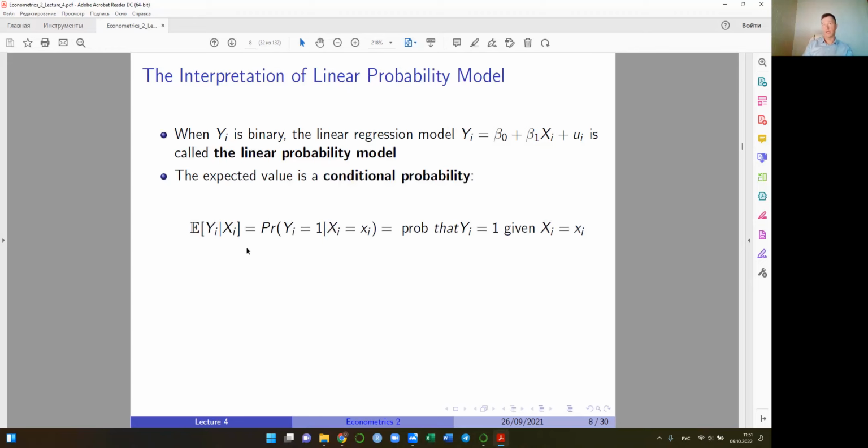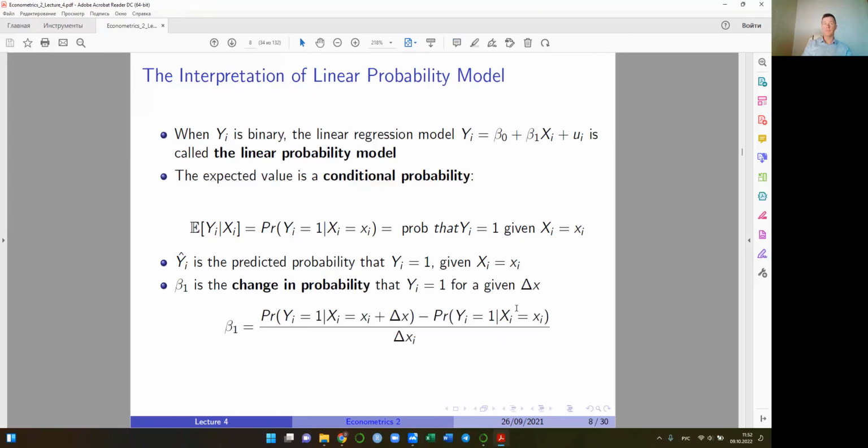Expected value of y given x is the probability that y equals 1 given x, and this is the probability that y equals 1 given that x equals some value. Y hat is now the predicted probability that y equals 1 given x. And beta 1 is the change in probability for a given delta x. So if x changes, how much does the probability that y equals 1 change?